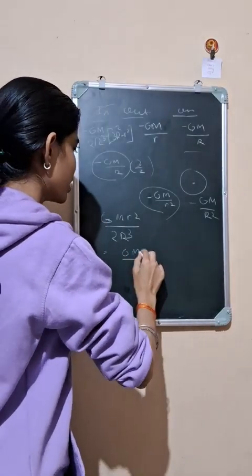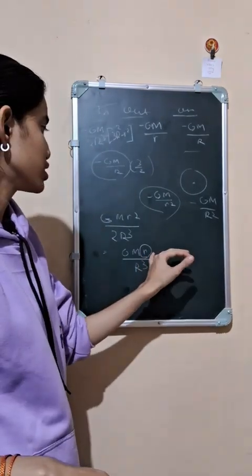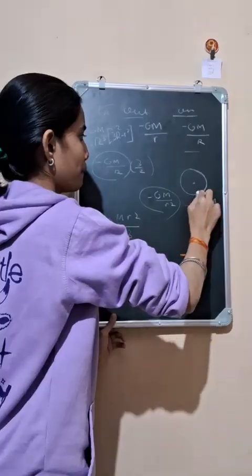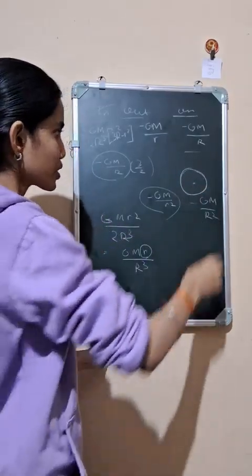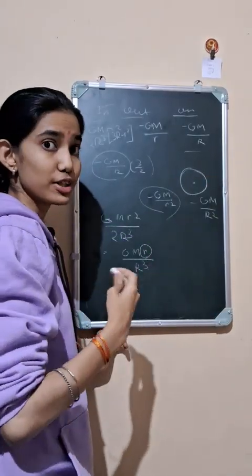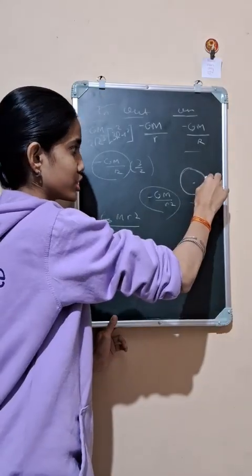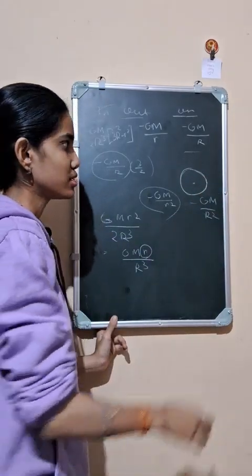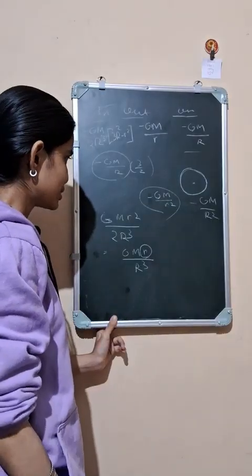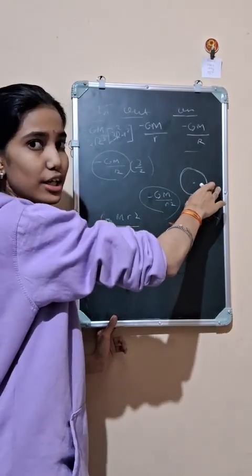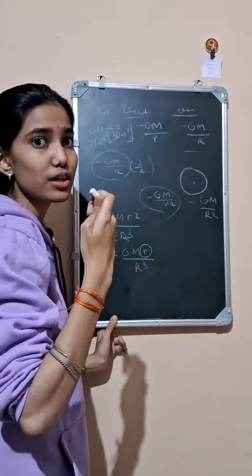Here you can see the field is increasing with increasing distance inside the sphere, means the field will increase with increasing distance from the center till it reaches the limit of capital R, where it has the highest negative value, till this point on the surface.